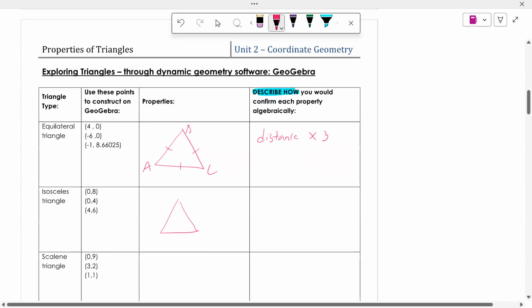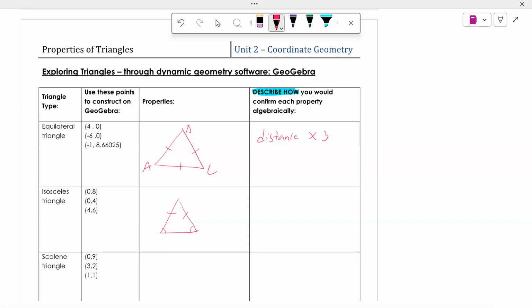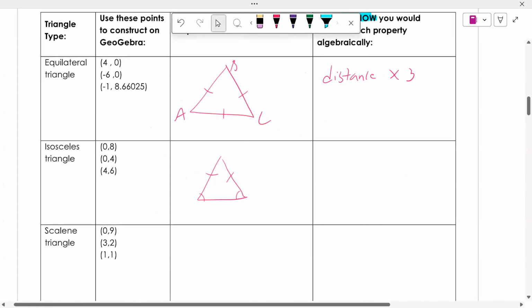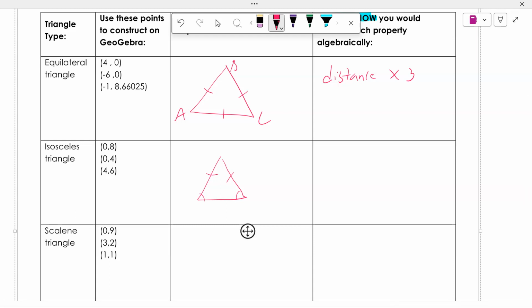Isosceles means two sides and two angles are equal. Now, considering we don't have a tool to measure angles on our computer, we can't check the angles to confirm that they are in fact equal. If just 2 of the angles are equal and the last third one, the vertex angle up here, wasn't, we could say it's isosceles. However, using the tools that we have, we're going to have to use the distance formula times 2.